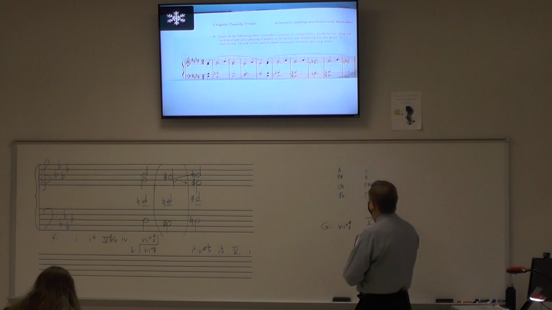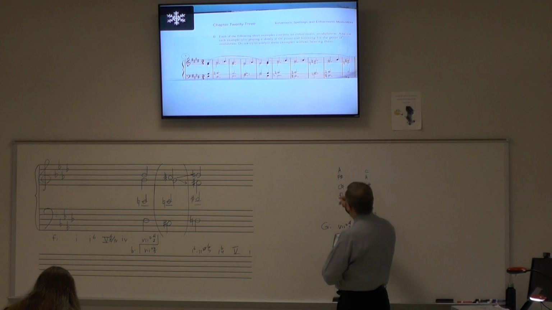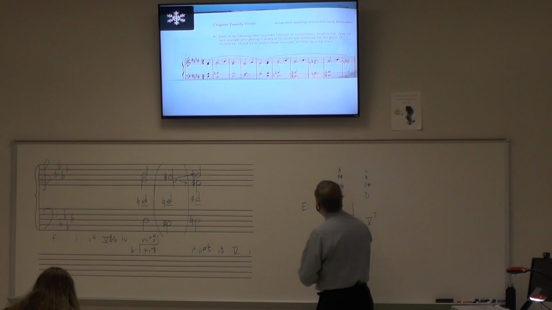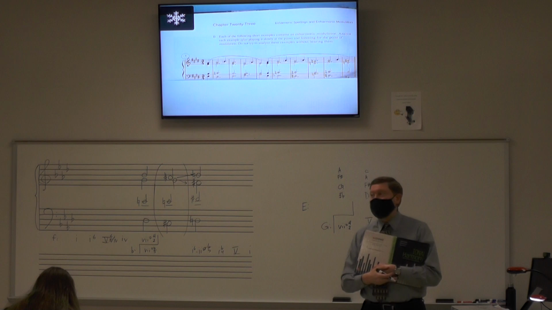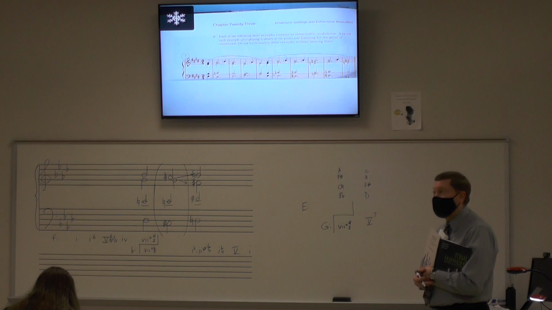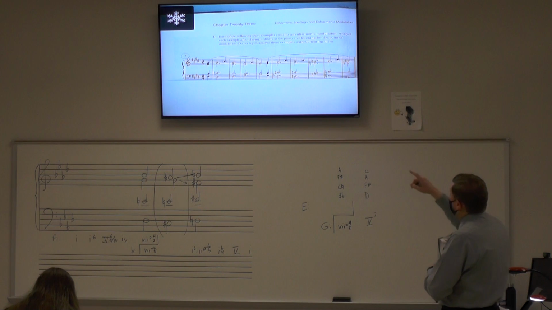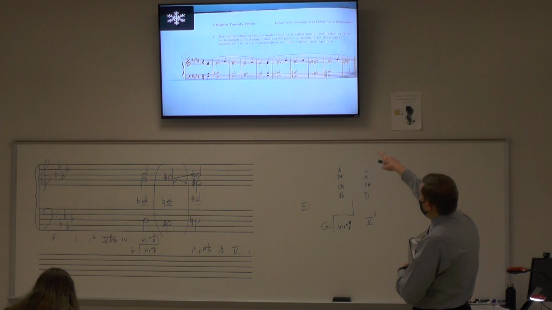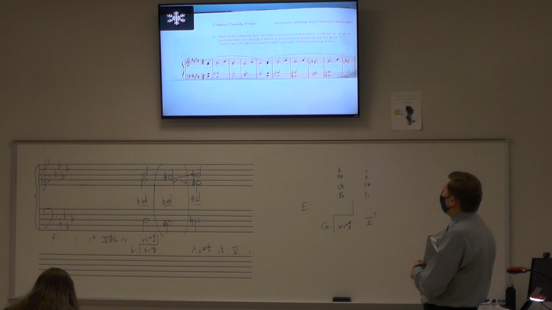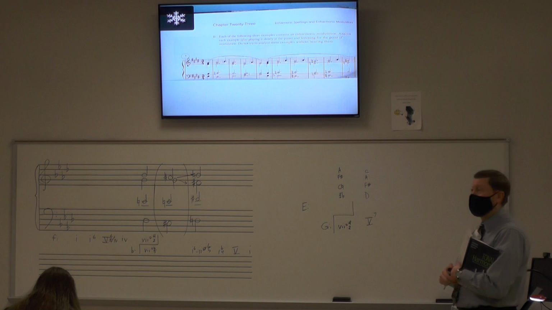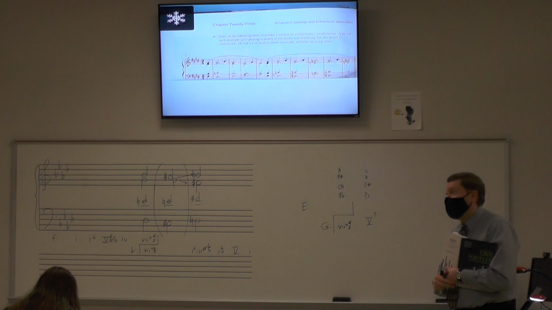Okay. Now, the trick is, in the 5th full measure there, you need to see it enharmonically, or think of it spelled correctly in the old key of E. Think about what a vii°7 chord is in E major, what the root of that chord is. And there's only one note in the fifth full measure that needs to be thought of enharmonically to get it spelled correctly in the old key of E. That's right.